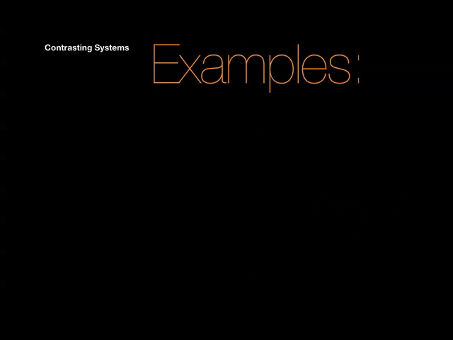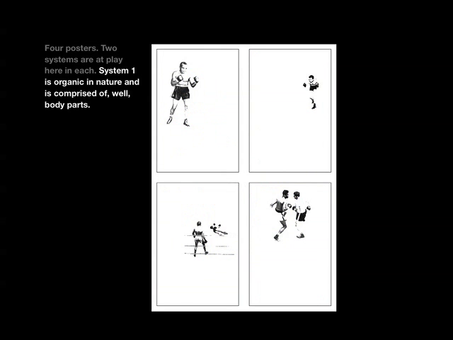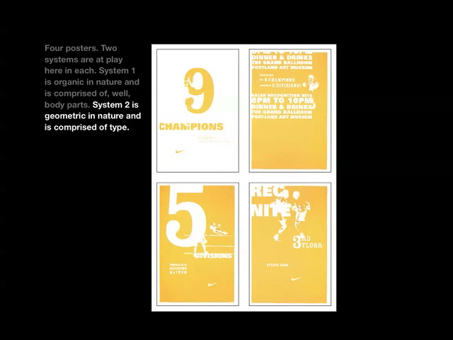Now for some examples. Here are 4 posters. 2 systems are at play here in each poster. System 1 is organic in nature and is comprised of, well, body parts. System 2 is geometric in nature and is comprised of type.